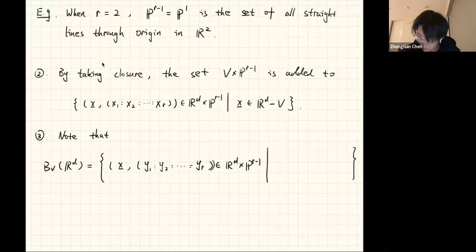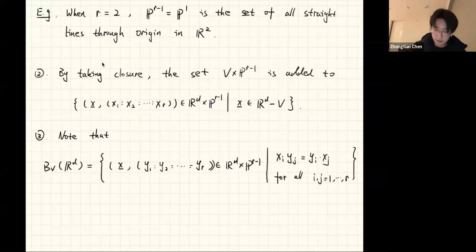I'll put a constraint here, which states that X_i times Y_j equals Y_i times X_j for all i, j. You can show that this is equal to the blow up in our definition, and we will see this in examples. Basically, we'll work with this definition because it explicitly describes what B_V R is.